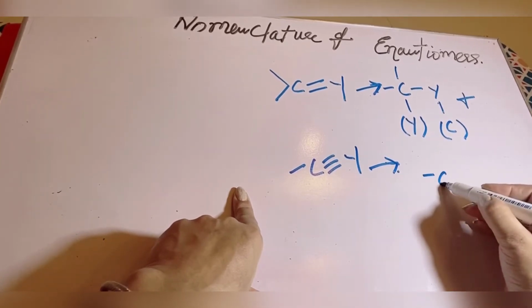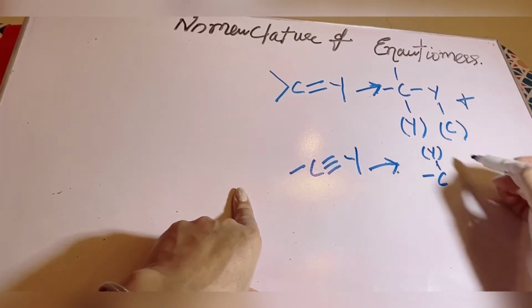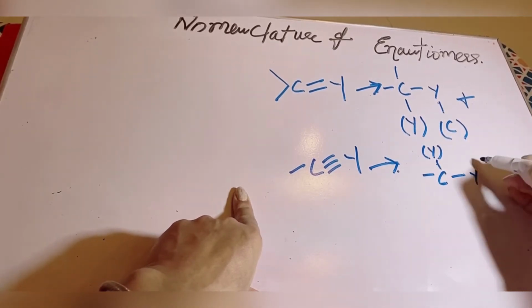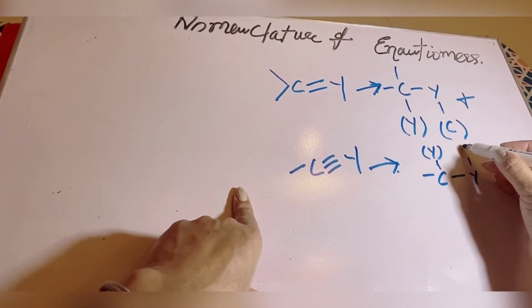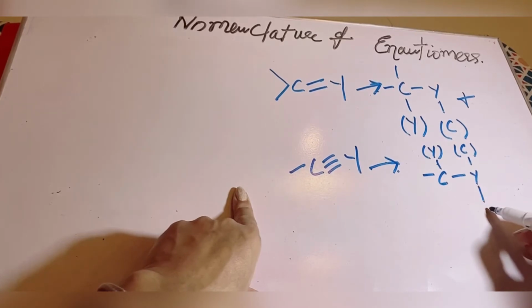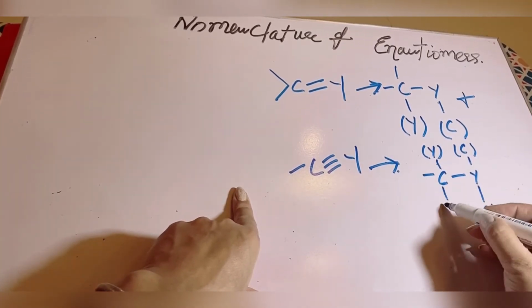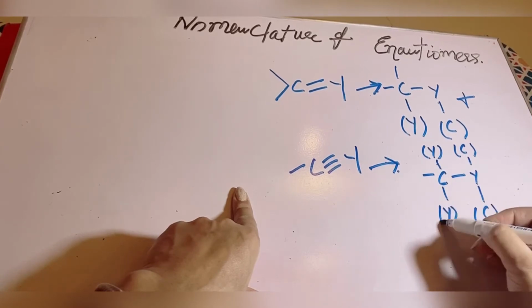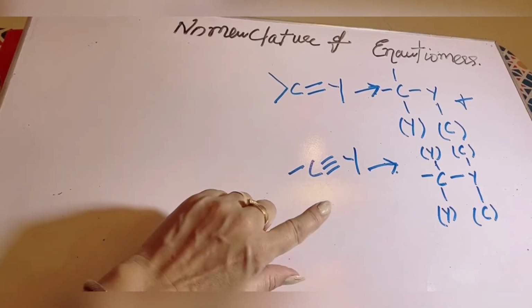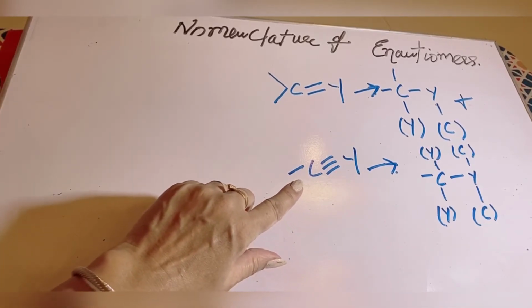C, Y, and then of course C, and here Y. You are simply going to give them duplicates, or they would be triplicated.